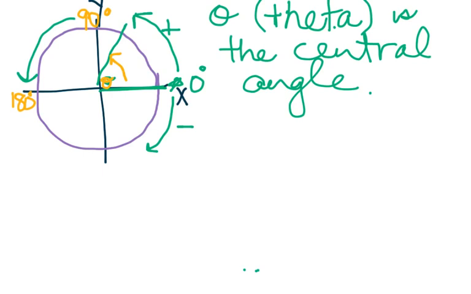If you continue down here, then you're going to get to 270 degrees. And if you continue this way, you get to 360 degrees. So 0 and 360 are in the same location.